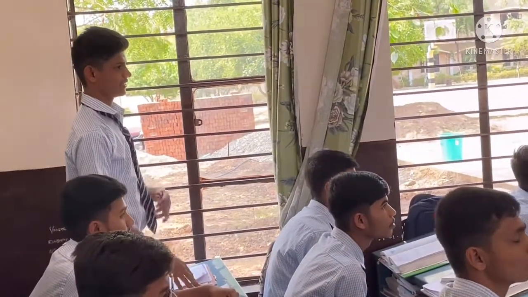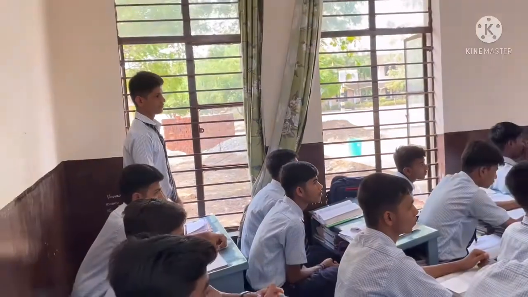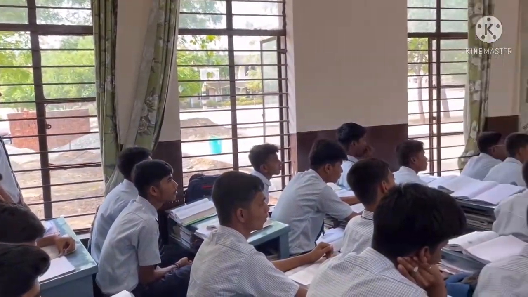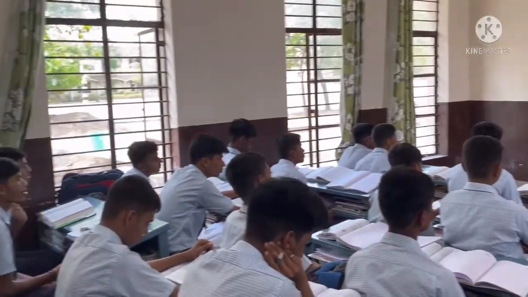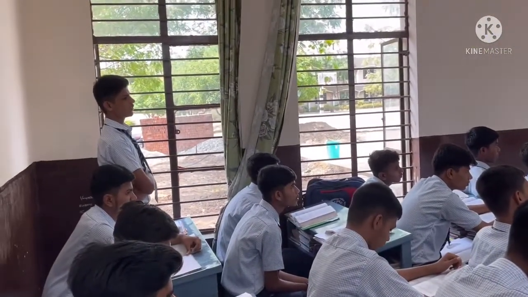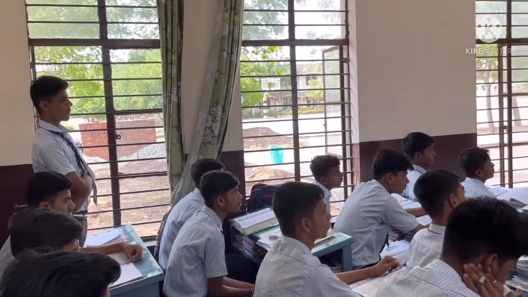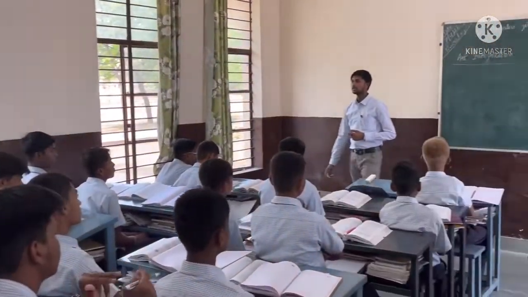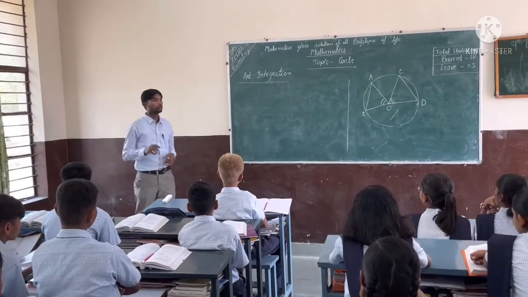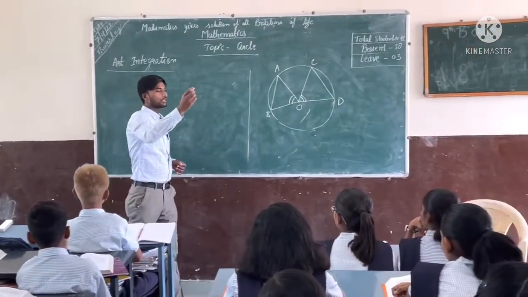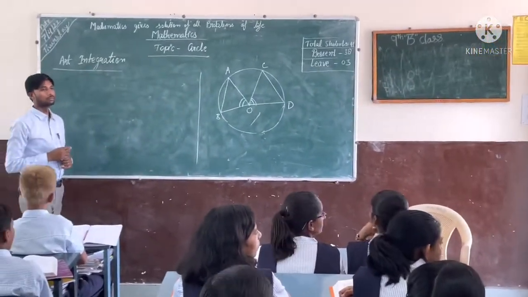Tell me, how to explain the diameter of a circle? Twice the radius is equal to the diameter of the circle. Good, sit down.